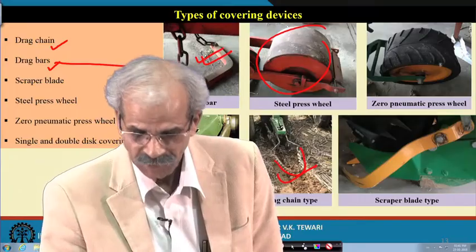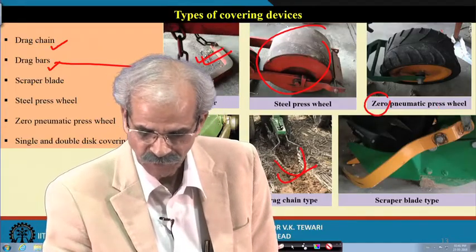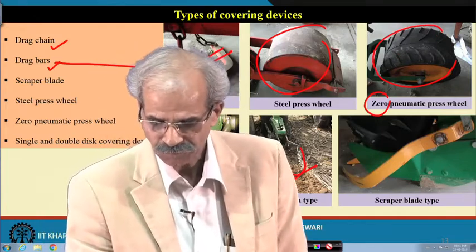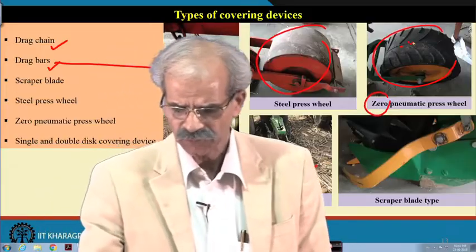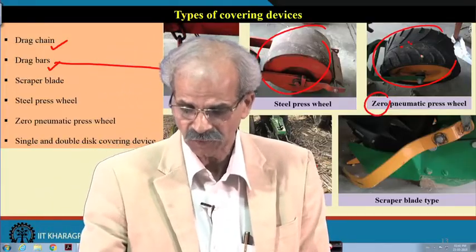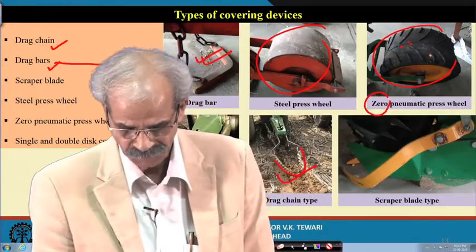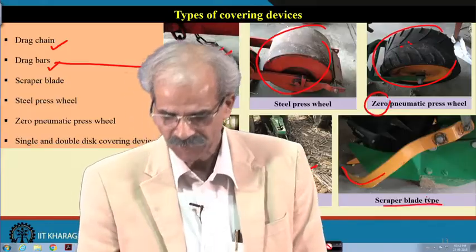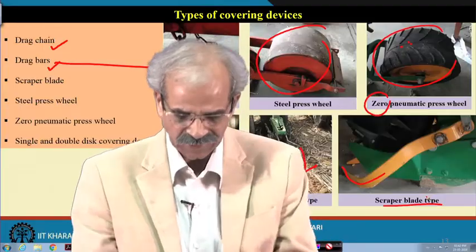Then zero pneumatic, this is the zero pneumatic press wheel. Here this portion is actually rubber or plastic, so that it does not put much pressure, it is lighter as compared to the other one. So, that is why we require zero type. And a scraper blade type, it will simply scrape the material and the soil and then cover this.